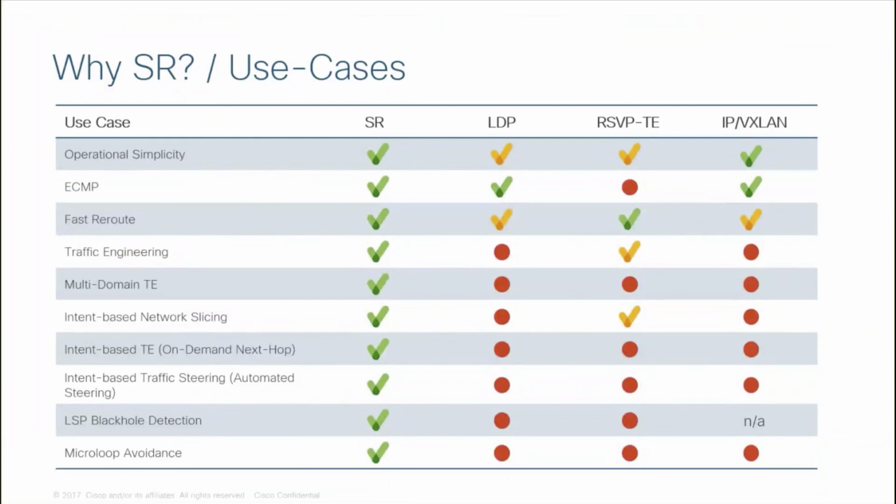And we go into the why of segment routing and, at a very broad level, some of the use cases for segment routing. You can see I'm trying to put in the columns the different technologies by which somebody would enhance or improve an existing MPLS backbone, or go about building a new MPLS-based backbone. So with SR, and you will see the different rows, what we're trying to hit is the mark on simplifying the operation of the device and simplifying the operation of the network.